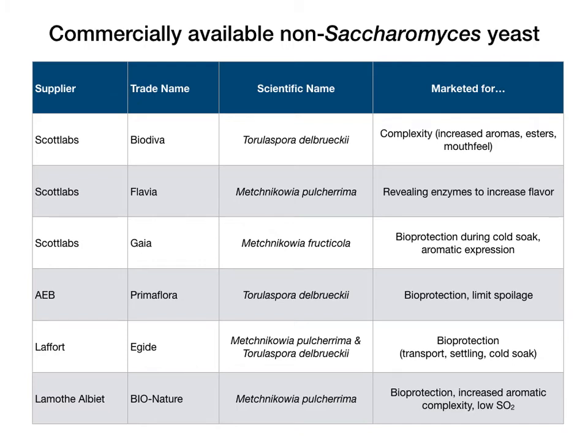And so that's the one thing, if you want to use this for a particular purpose, again, much like chitosan, I highly recommend talking to your representative to make sure that you're using the most recommended product for what you want to accomplish and to make sure that you're following the directions in terms of the timing of inoculations, both for your non-Sacc yeast and for the fermentative yeast that you need to use after that.